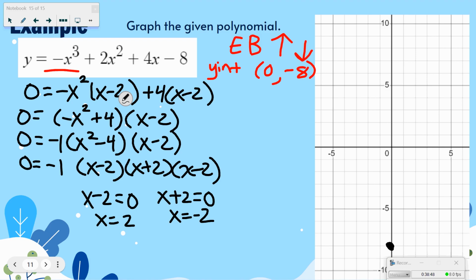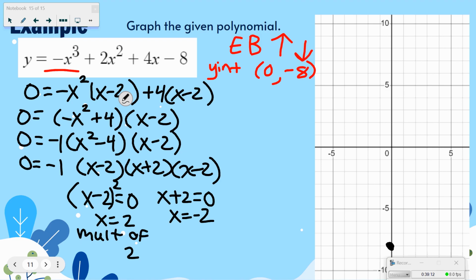Because basically what happened, I have this twice, which means I'm going to bounce because this has a what? That word that starts with an M? Multiplicity. Good job. This has a multiplicity of how many? 2. Good job. So let's start to kind of put in a skeleton, if you will.